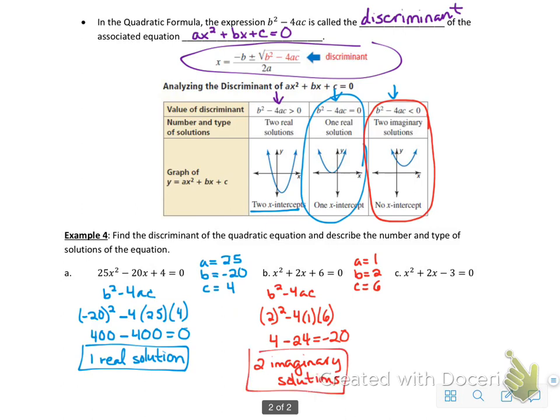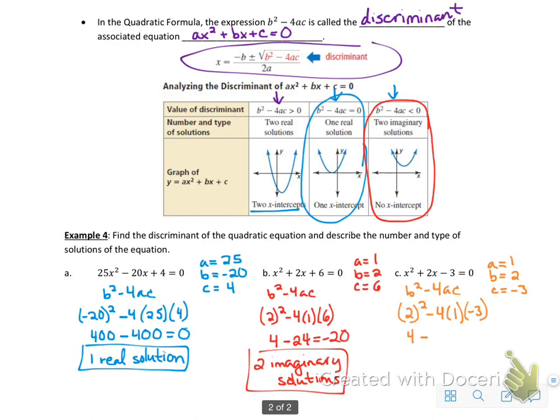And there you go. Last one, C. Well, we have to write down our A, B, and C. 1 is A, B is 2, and C is negative 3. So we're filling in b squared minus 4ac again. So b is 2, in parentheses squared, minus 4 times 1 times negative 3. So 2 squared is 4.